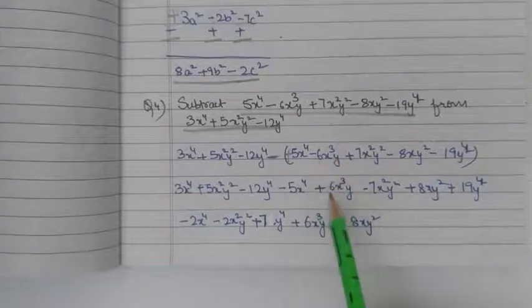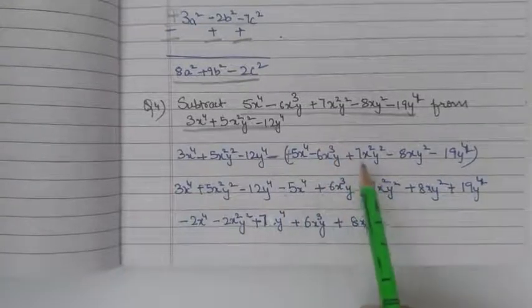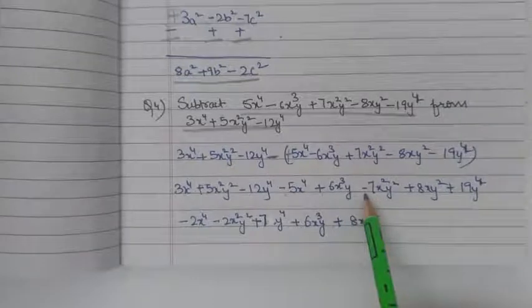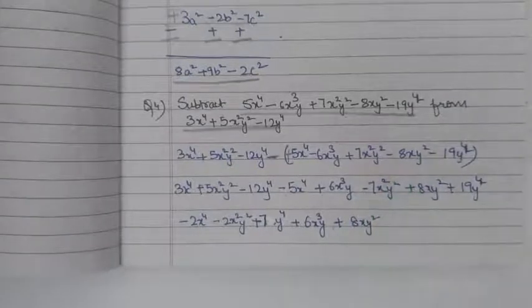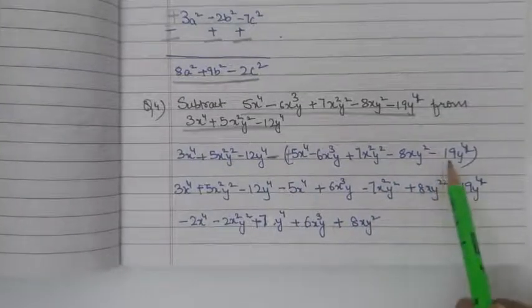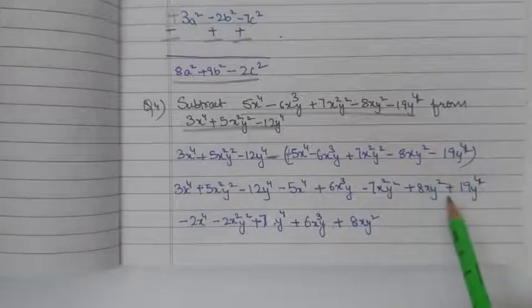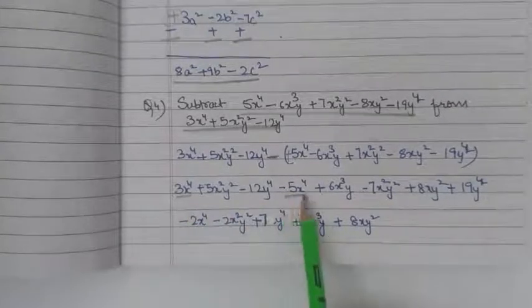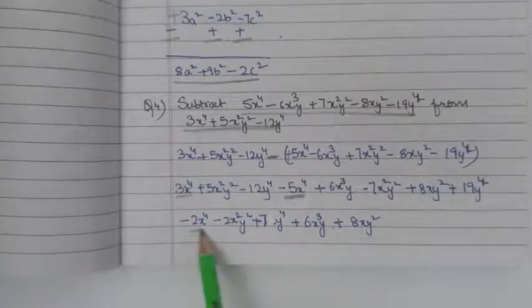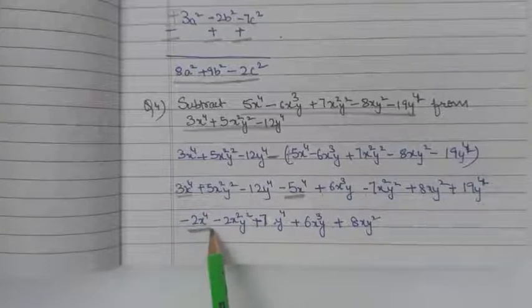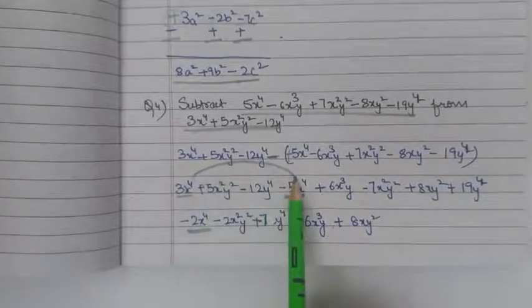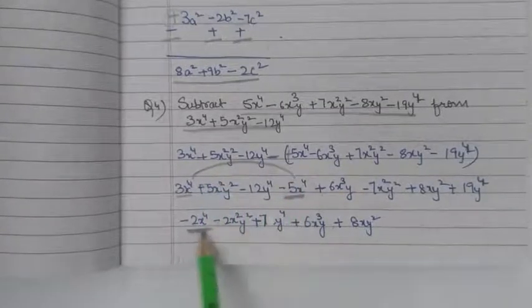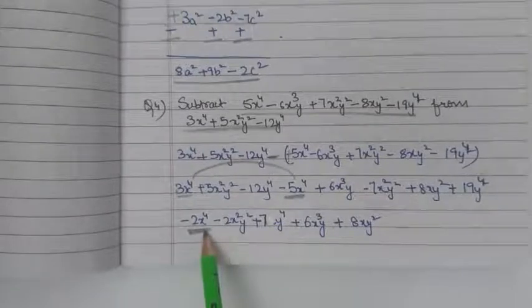Minus will become plus. Plus will become minus. Minus will become plus. Clear? Now 3x4 minus 5x4 will form minus 2x4. These are two like terms. So I have collected them and written the final answer.